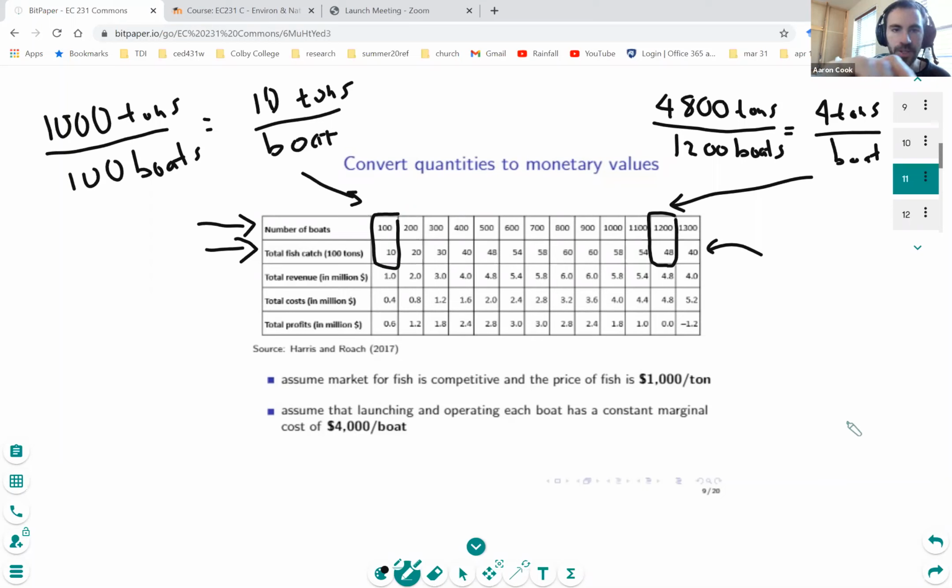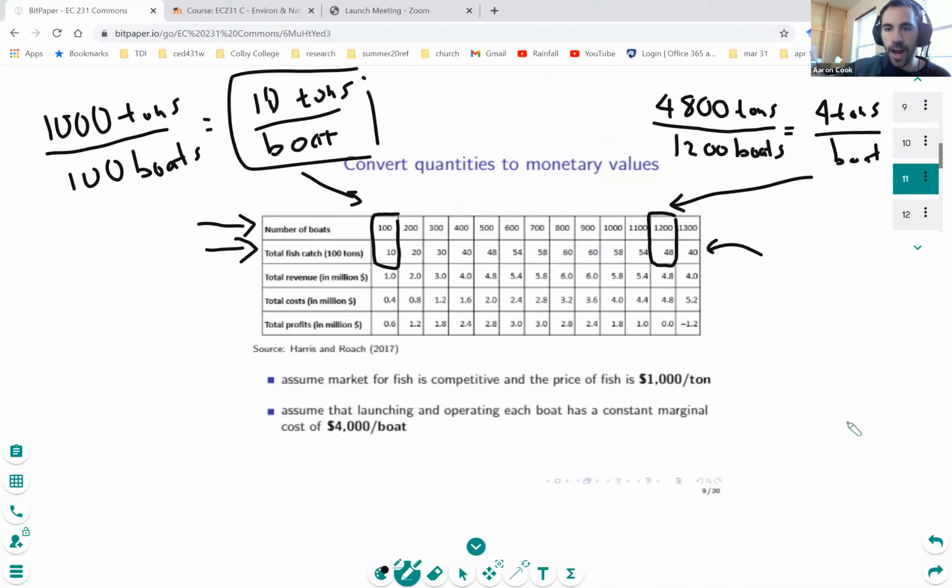So if you take the number of tons and divide that by the number of boats, for example, you can find here on the left you have 100 boats with 1,000 tons of fish for the total catch, and so that comes to 10 tons per boat.